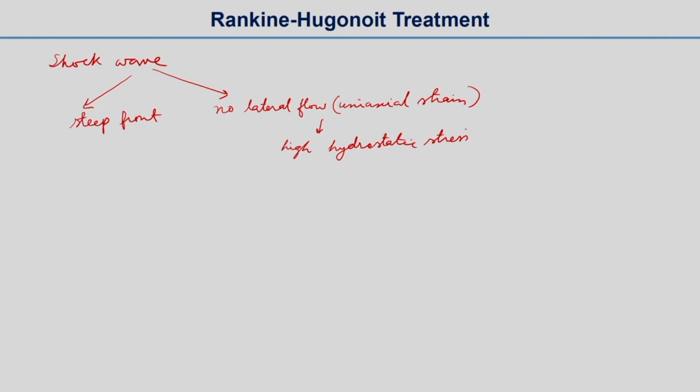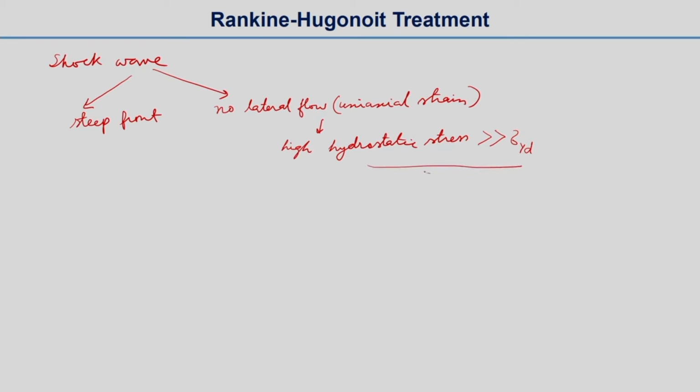If the hydrostatic stress is much higher than the dynamic yield strength, that is the yield strength at higher strain rate, sigma yd, several factors higher, then the shear stress resistance will be 0, that means the shear modulus mu will be equal to 0.